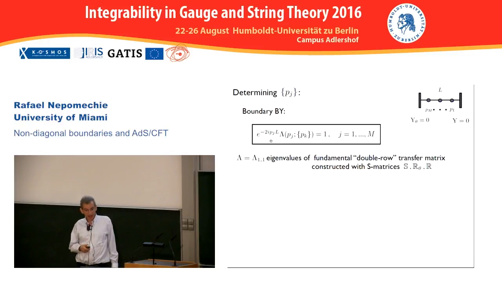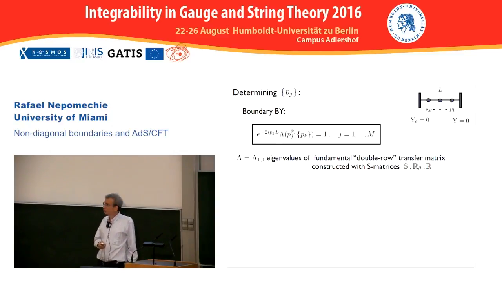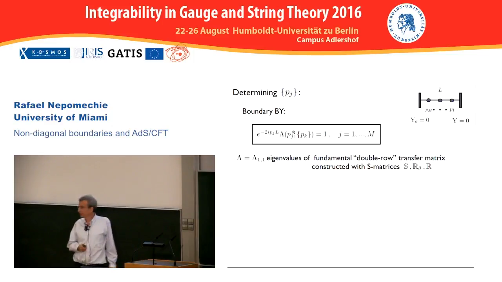The only difference now is that there's a factor of 2 here, because you should go from one end to the other, reflect again, so you move over twice the length of the interval. And also, what appears here is not the transfer matrix I showed you before, but a new object called the double row transfer matrix, which I'll explain in a few minutes.